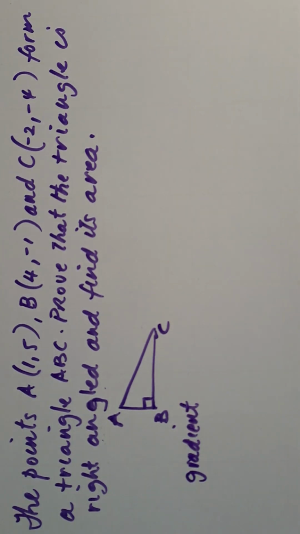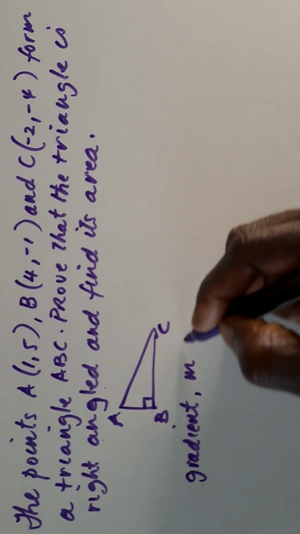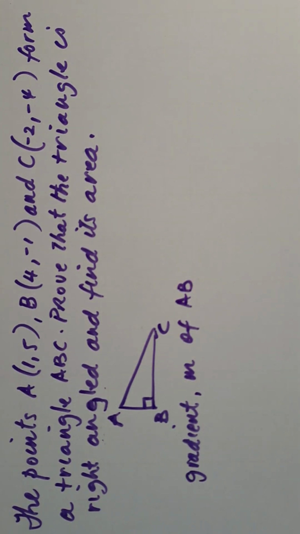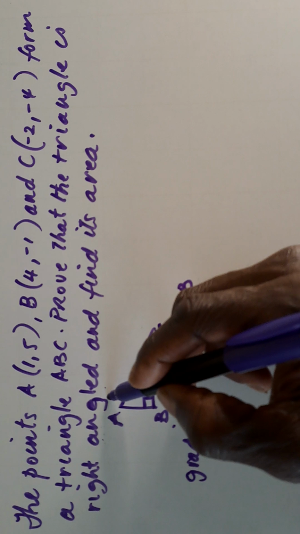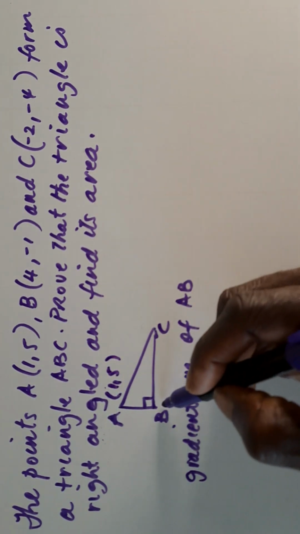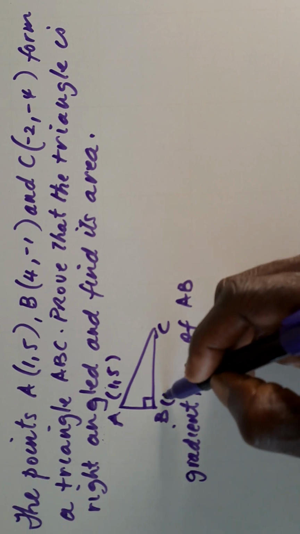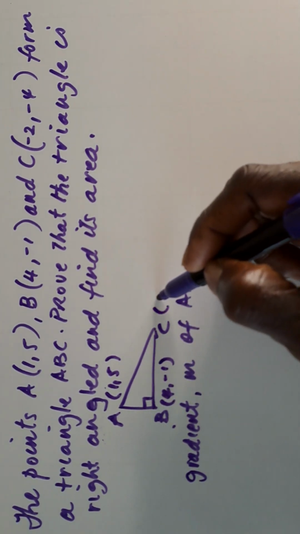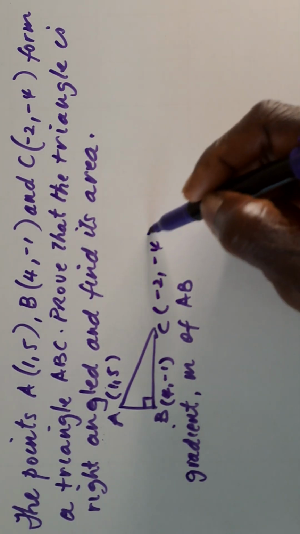We'll find the gradient, which is m, of AB. So we know the coordinates: A is 1, 5, B is 4, -1, and C is -2, -4.